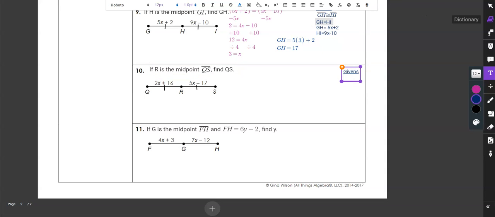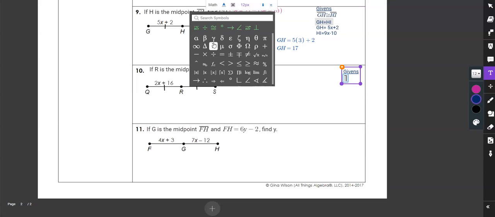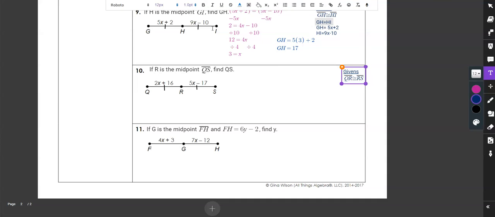So what that means, by definition, like I've been saying in the previous problems, is that QR is congruent to RS, which again, by definition, means that QR is equal to RS.